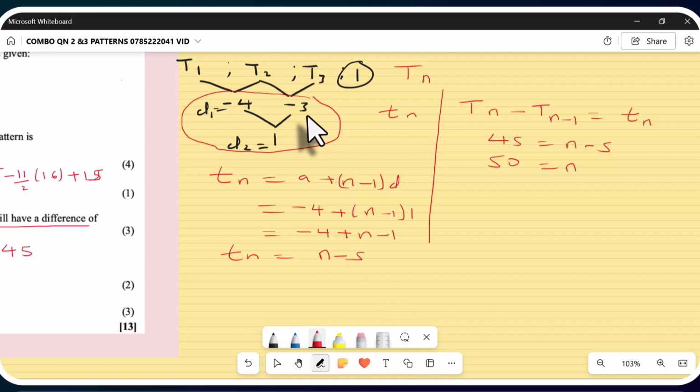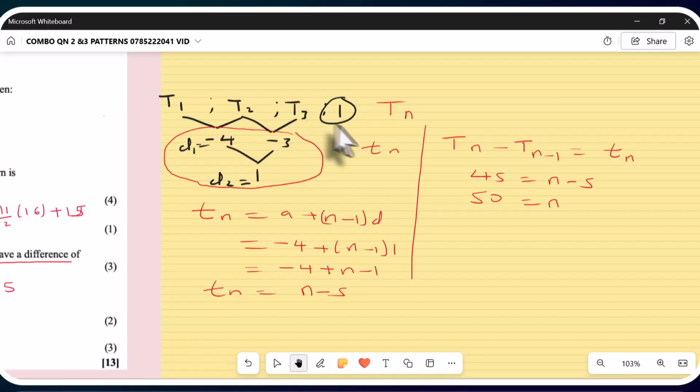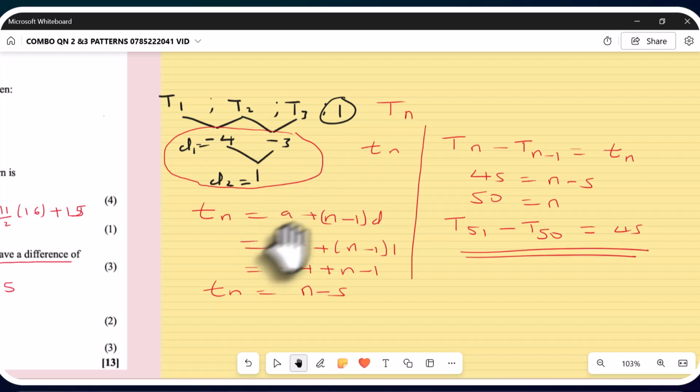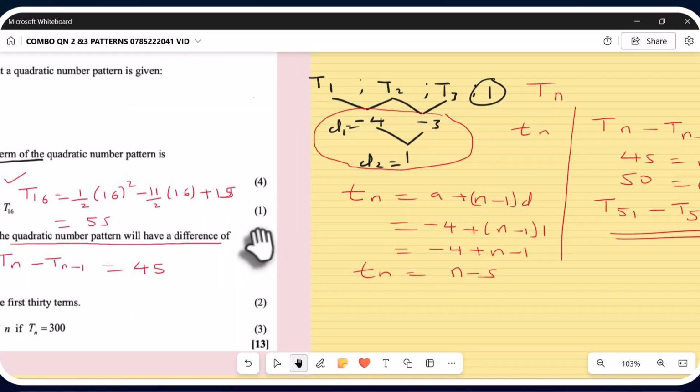Next question says that given Sn equals 2n squared minus 6n, calculate the sum of the first 30 terms. So we want S30 here. This is the sum of the first n terms, which they gave us here. So Sn equals 2n squared minus 6n.